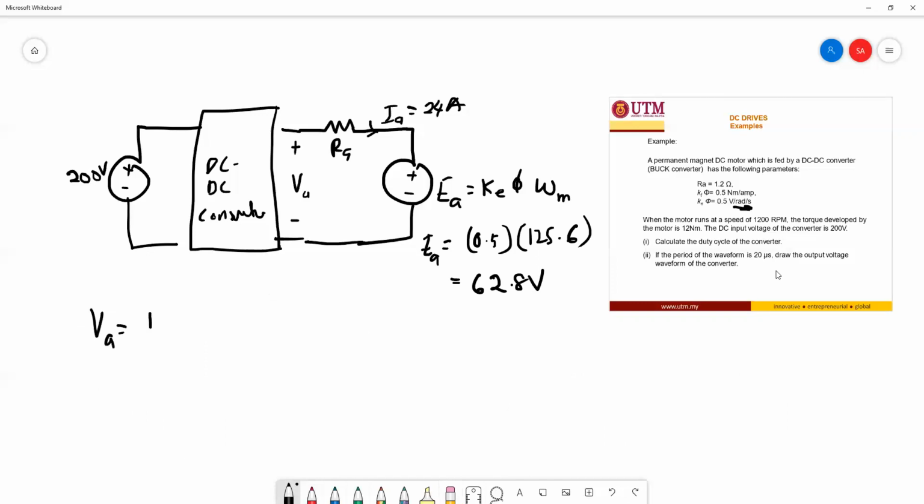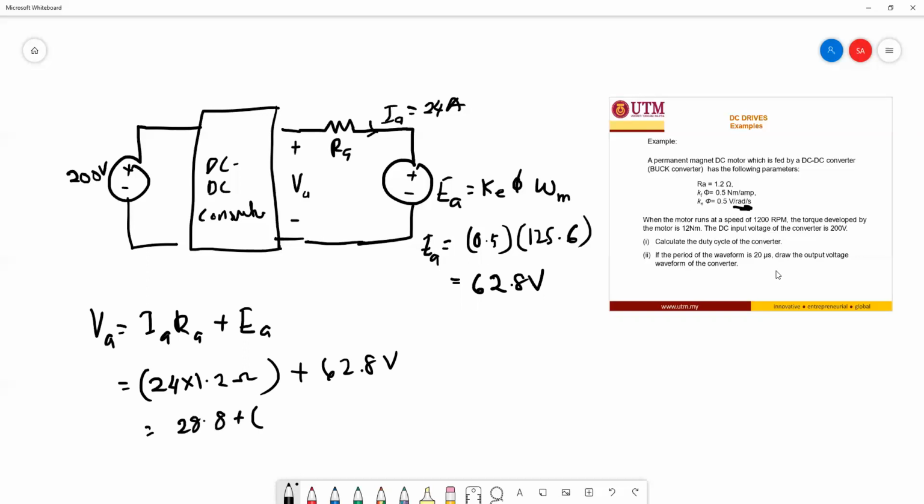So V armature, based on the equation of the KVL, is simply this: IA, which you have already got as 24, multiplied with RA, which is given as 1.2 ohm, plus 62.8 volt. 24 multiplied by 1.2 is 28.8, plus 62.8 should be 91.6.